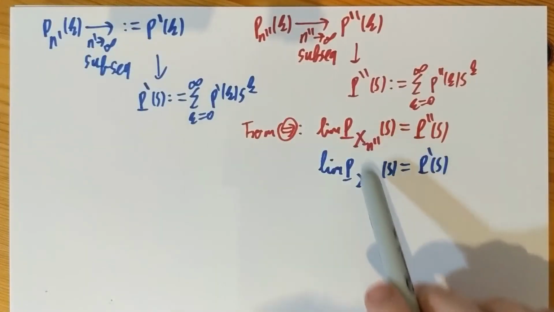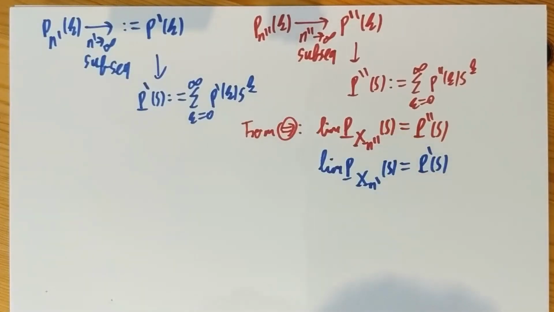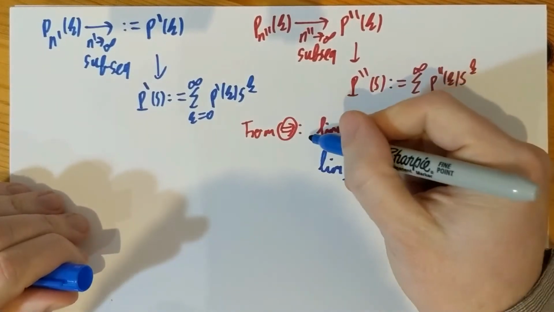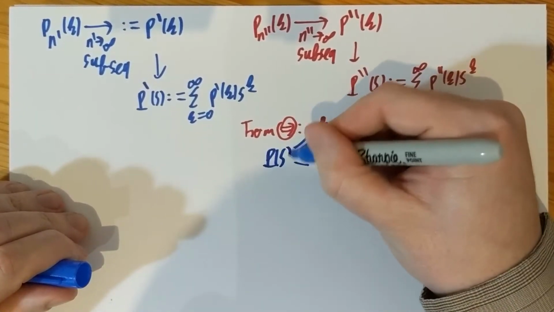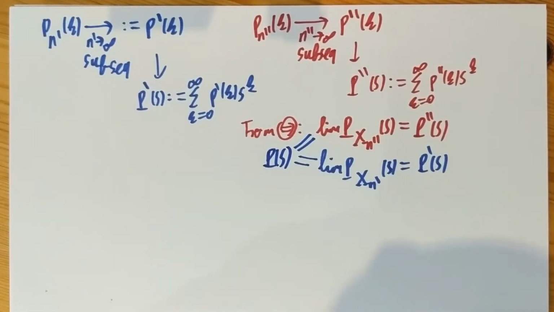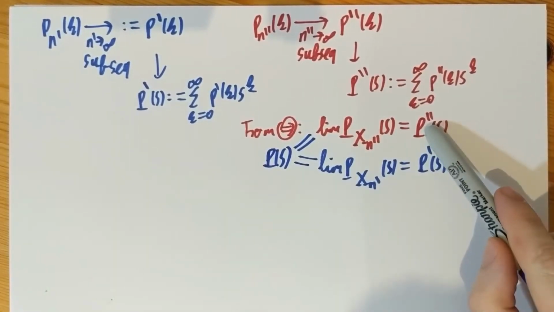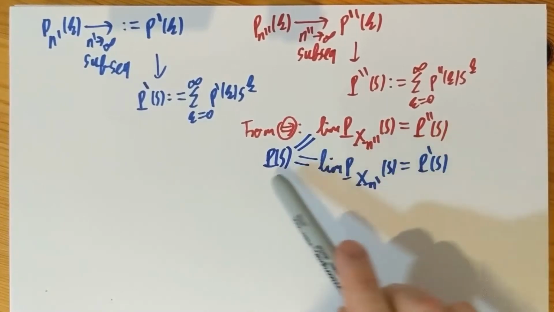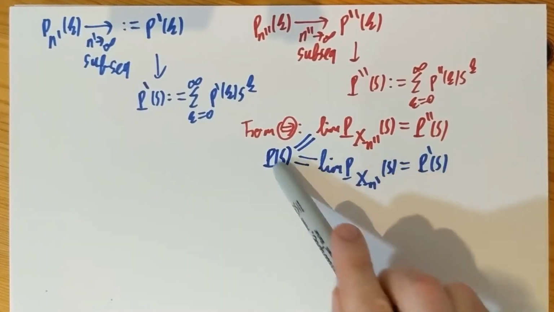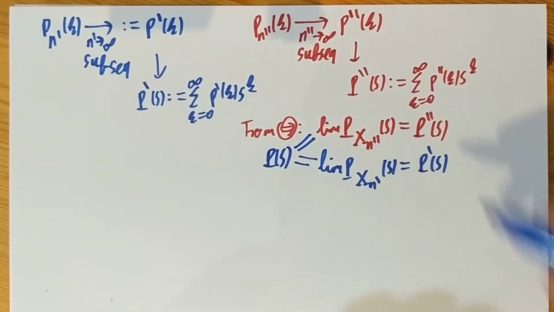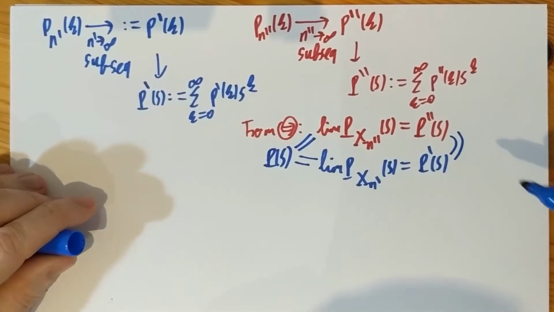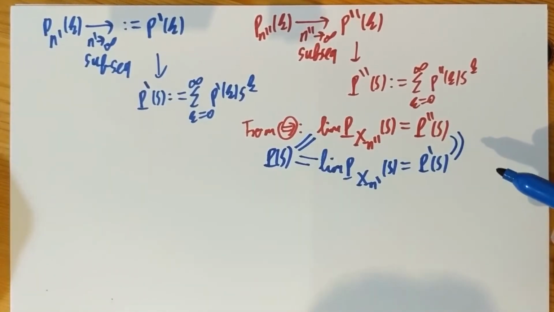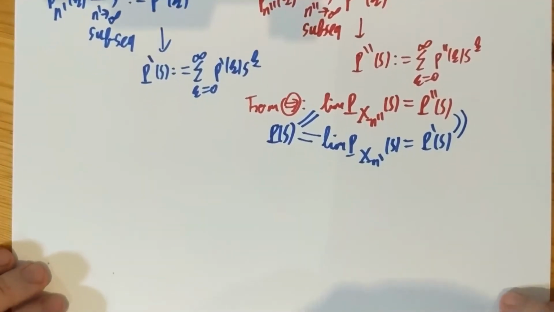So it doesn't matter which subsequence we take, both of these must be p of s. Okay? Now if p double prime of s is equal to p of s and p prime of s is equal to p of s, then of course these must be equal. Okay, that's a triviality. However, the generating functions are unique for a distribution.